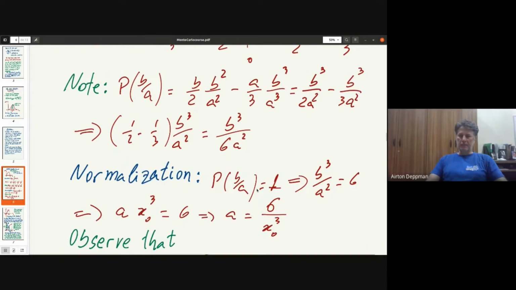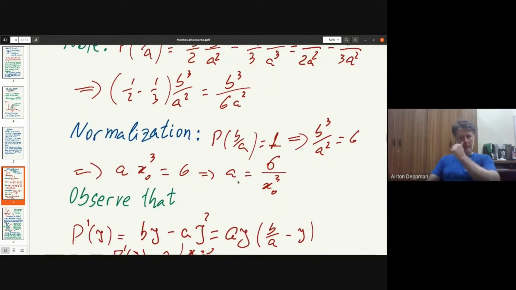And usually we want to normalize it. We want to say that the integration of the probability over any possible outcome is equal to 1. And then we have this condition to be fulfilled. So we can select the parameters a and b that satisfy this equation.